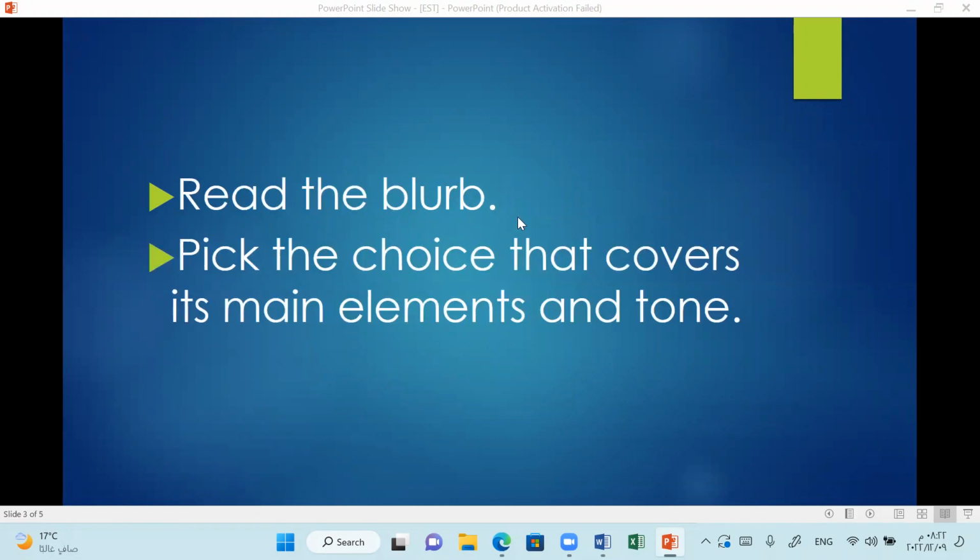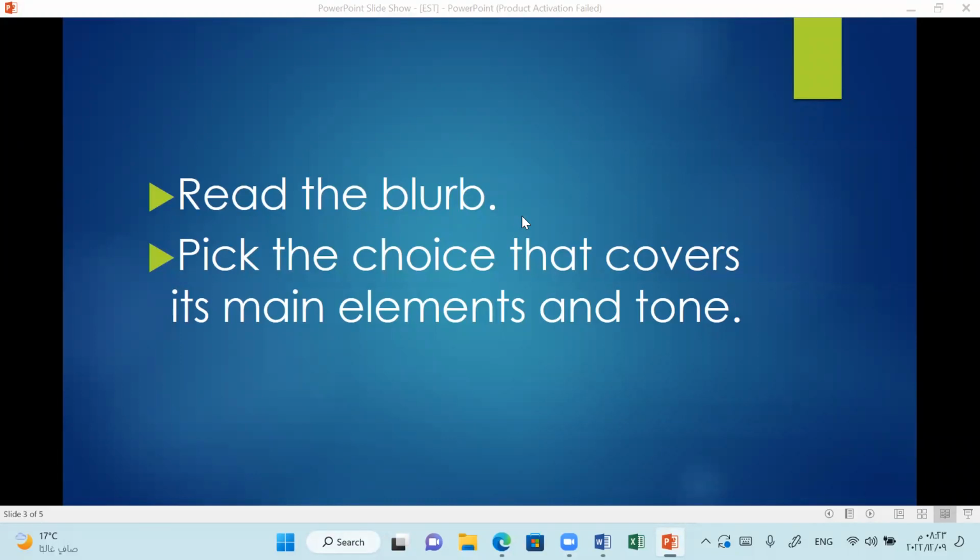Pick the choice that covers its main elements and tone. That's it. Read the blurb so well, mark its main elements, and mark any word that can convey a certain tone, either negative or positive. That's the main thing, okay?